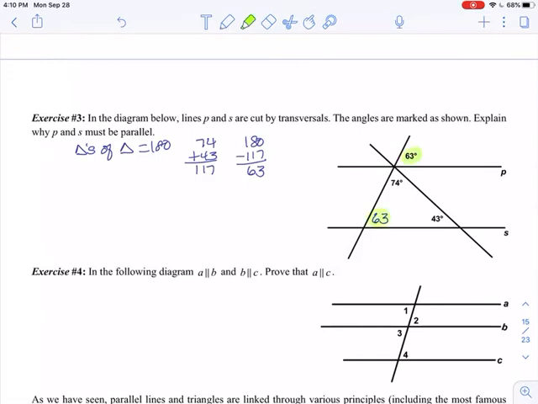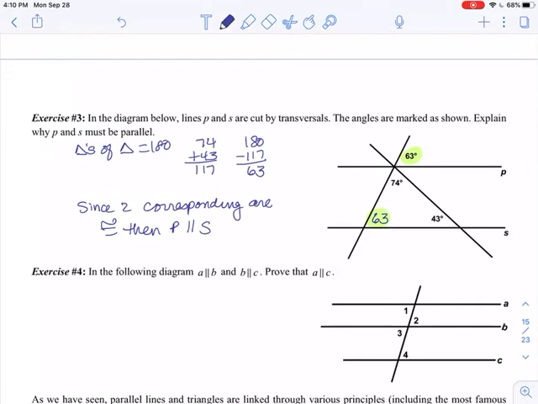Now, if this is 63 and the one on top is 63, then those are corresponding angles, therefore the lines must be parallel. Since the two corresponding angles are congruent, then the lines are parallel. Then P is parallel to S.